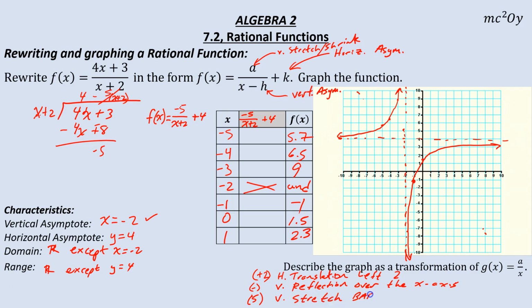And then the last one is the +4, which is a vertical translation up 4. We always start with our horizontal translation. We end with our vertical translation. Always. That's a key piece there.